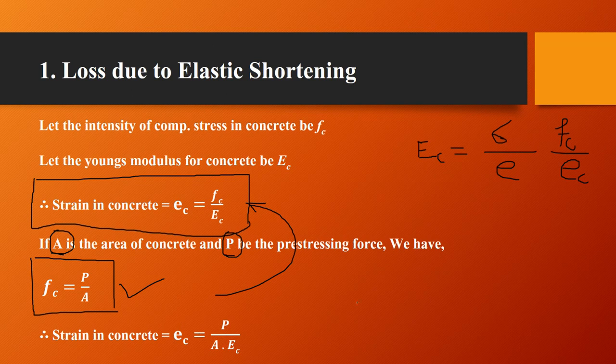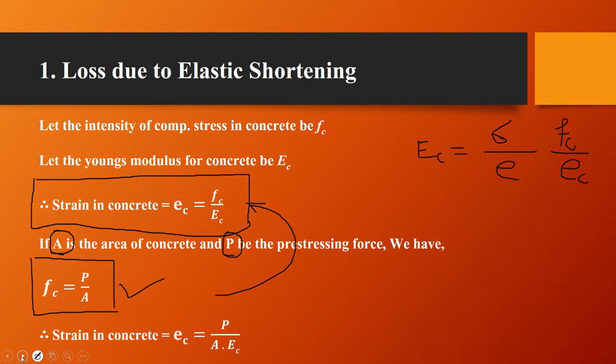Okay. Now after calculating this strain, the main aim of our derivation is to find out the loss. The loss means by how much amount that steel is going to shorten, that we have to calculate so that we'll be able to calculate the loss of stress also.